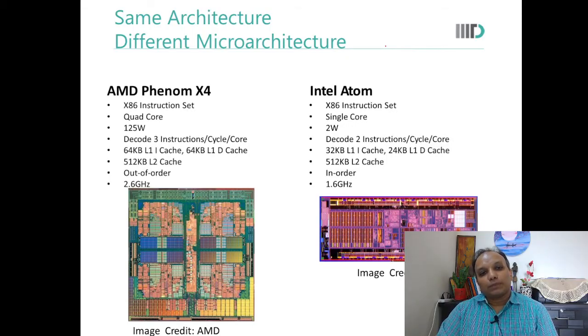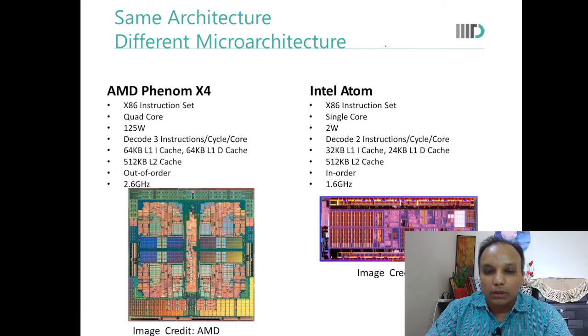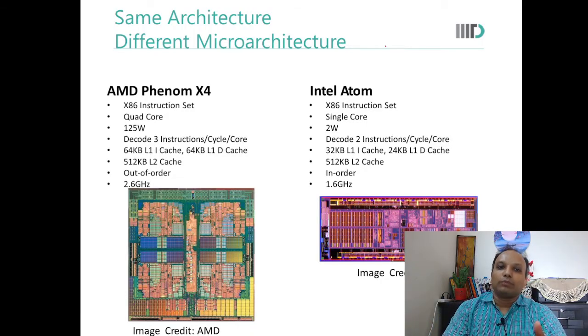So, this processor is an x86 ISA processor. Similarly, Intel Atom is an x86 ISA processor. But you see the kind of difference in microarchitecture in these two implementations. One is a quad core consuming 125 watt of power, so a pretty beefy processor consuming a lot of power, whereas the Intel Atom is primarily designed for handheld devices. It is a single core burning only 2 watt of power.